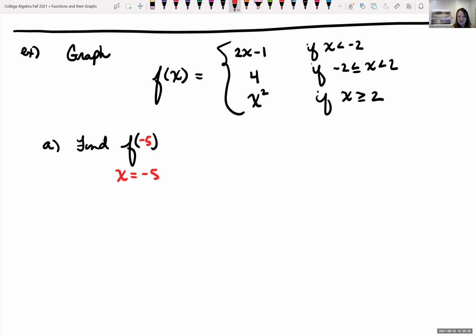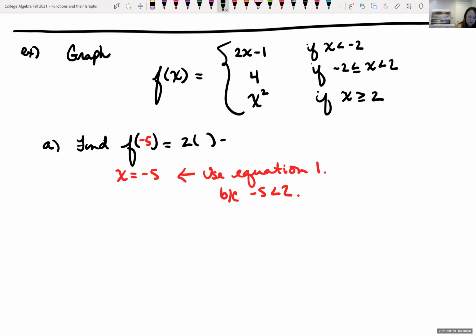Yeah. -5 doesn't fall between -2 and 2, and it isn't bigger than 2. So this tells me to use equation 1, because -5 is less than -2. And so if I'm going to use equation 1, wherever I see an x, I'm going to plug in this -5. So we have 2 times -5, which is -10, and then -10 minus 1, which gives us -11.